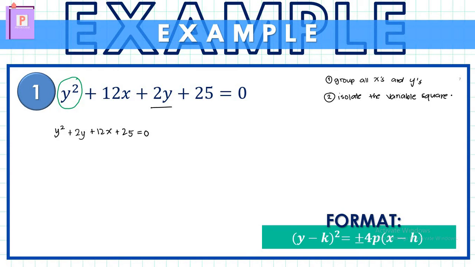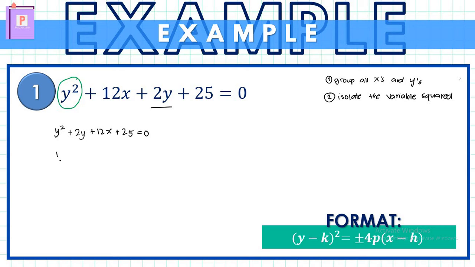Meaning, we keep on the left-hand side of the equation only the variable which has the square, and that will be y. All other terms without variable y will be transposed to the right-hand side of the equation so that we can successfully follow the format for a parabola that opens either to the right or to the left.